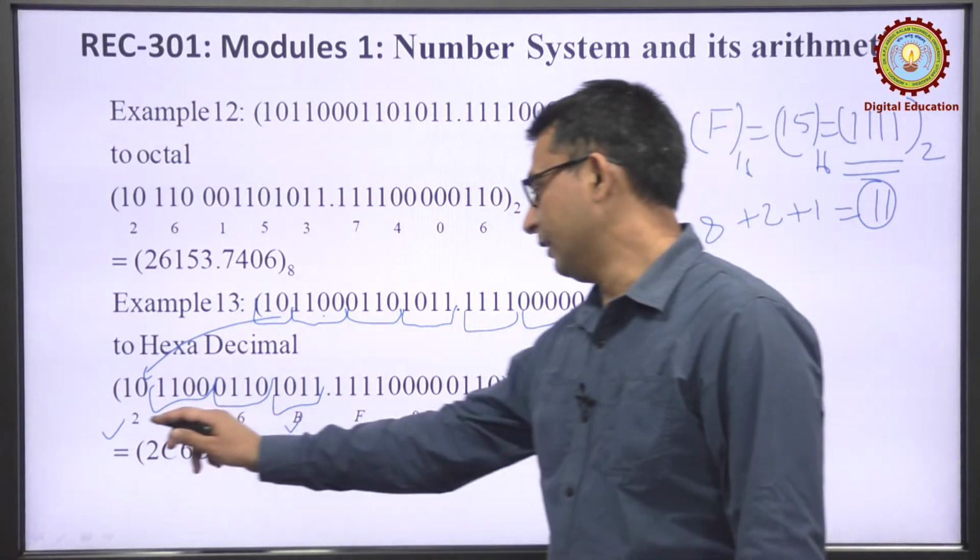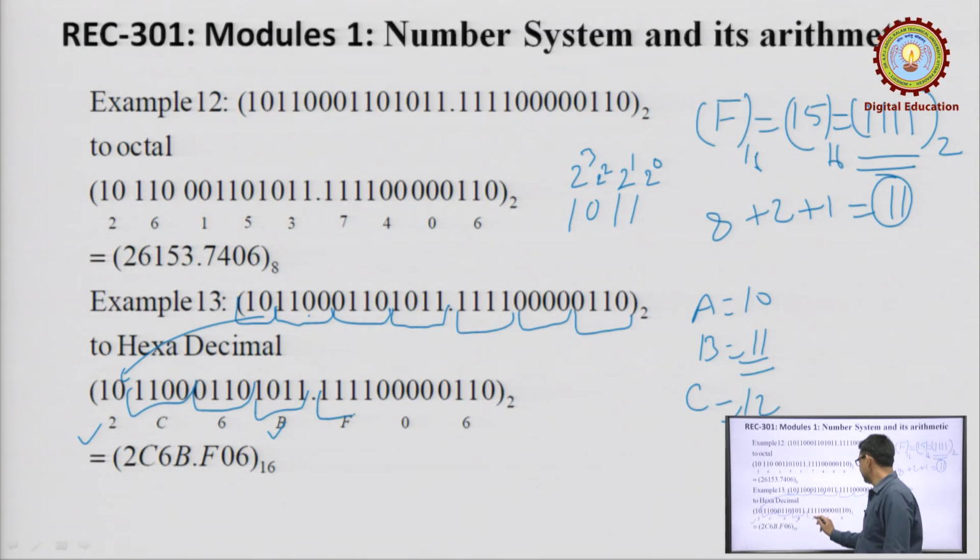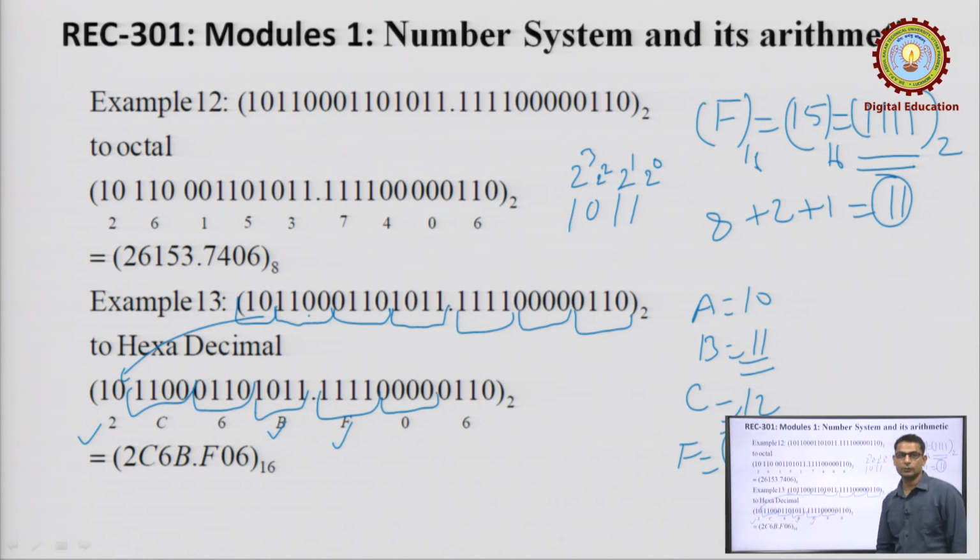Okay, so we can write down 2 directly, and this is another group, all 4 bits are 1, it means 15, and 15 is F. So that's why we have written it down, and for these 4 bits, all 4 bits are 0. Therefore the hexadecimal equivalent of this 4-bit binary code is 0, while the hexadecimal code of these 4 bits is just 6.